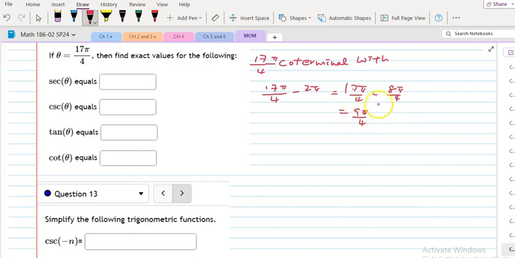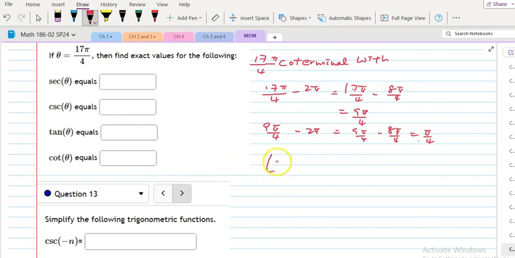That is still greater than 2 pi, so it will be 9 pi over 4 minus 8 pi over 4, equal to pi over 4. So 17 pi over 4 is coterminal with pi over 4.